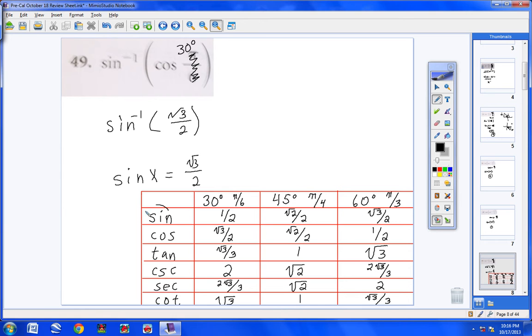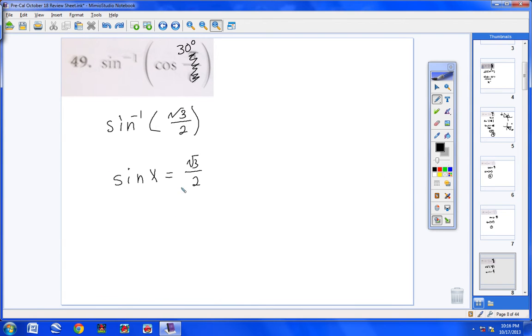Here it is right here. Sine of 60 is square root of 3 over 2. So what angle do I want right there? 60 degrees. So x equals 60 degrees. Or you could also put, if you wanted radians, pi over 3. And be able to do both those for the test if I ask for it in degrees or radians, okay?